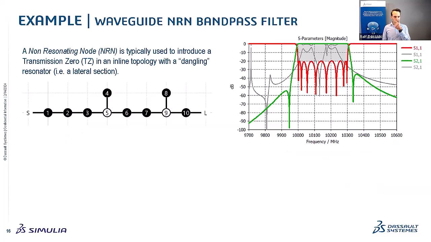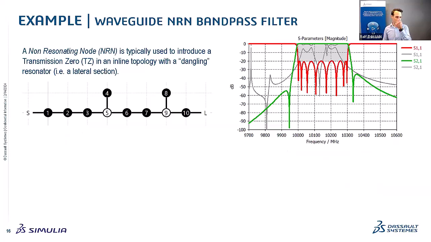Now, if we move on to waveguides and specifically non-resonating nodes, which is a new synthesis or topology that we do. We introduced non-resonating nodes in the coupling matrix, which we didn't have before, so this is new in 2024.